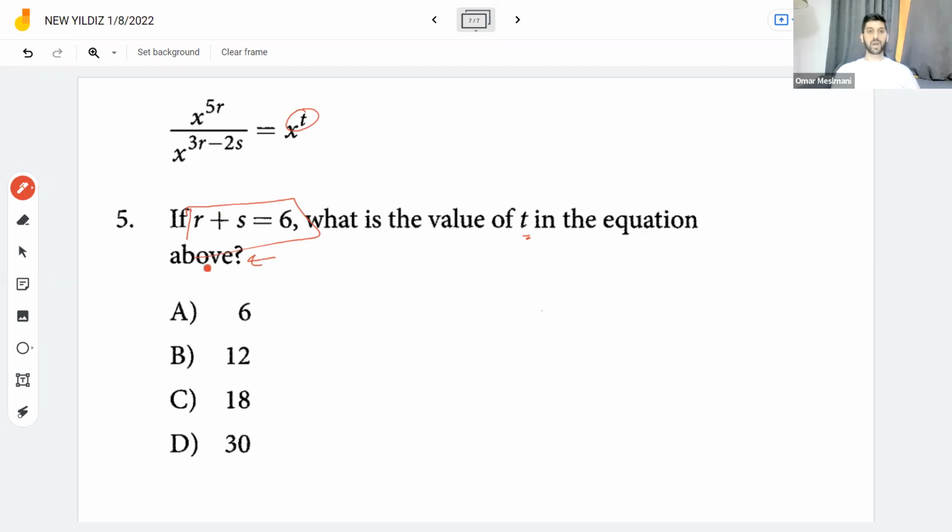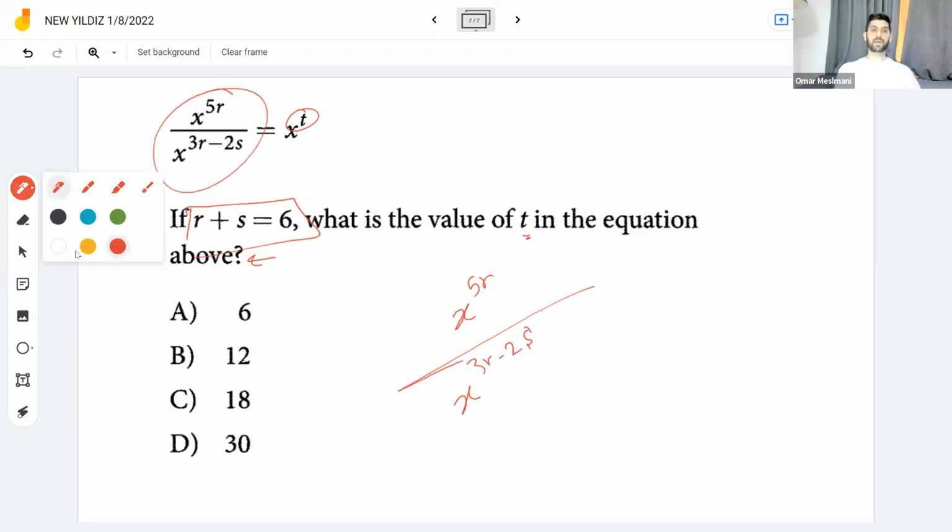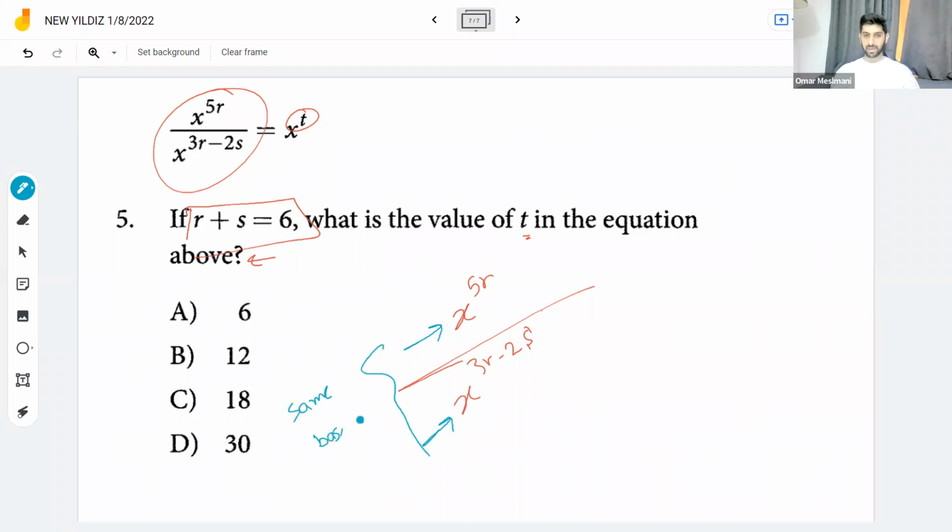Yes. Okay, so now what I will try to do is this. I'll take the left-hand side, which is x power 5r over x power 3r minus 2s, okay? I'm going to apply a formula. I said to you, if you have the same base in the numerator and the denominator, I'm going to keep the same base and subtract the denominator from the numerator. And because the denominator has two terms, I'm going to open a bracket, 3r minus 2s.